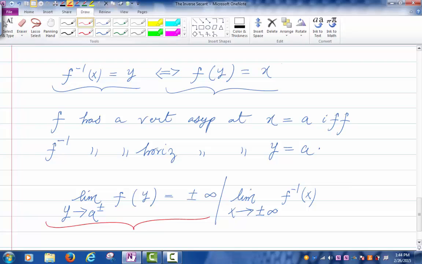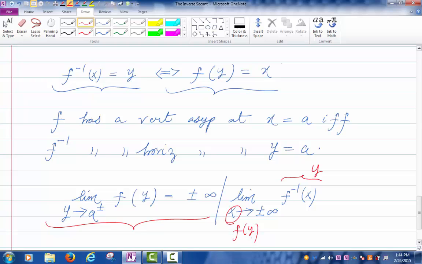Note that this guy is y, and note that this guy is f of y, right? Am I correct? So basically we are saying, what's the limit of y as f of y goes to plus or minus infinity?